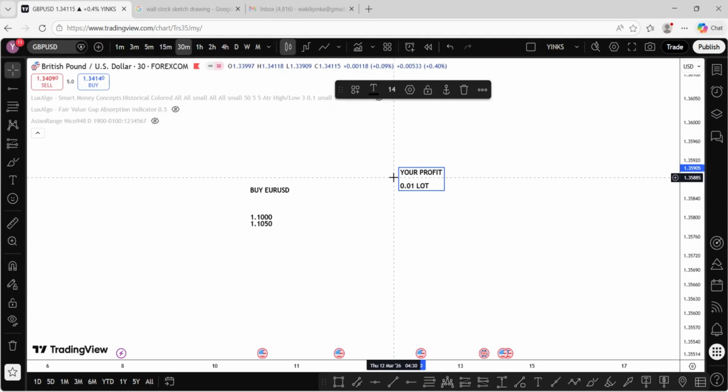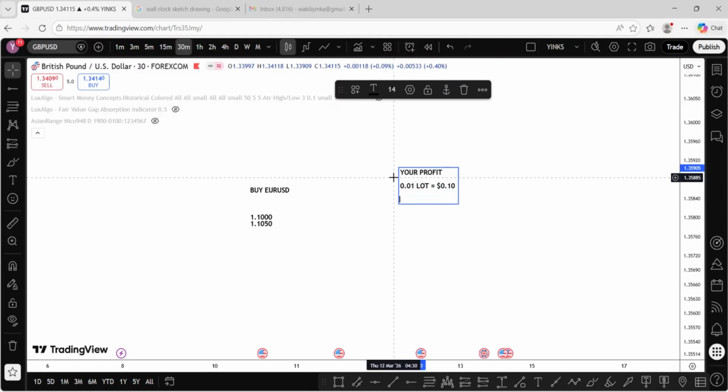So it equals what? 50 pips on the micro lot. How much is the micro lot? You all know, right? Micro lot is 10 cents, 10 cents per pip, right?